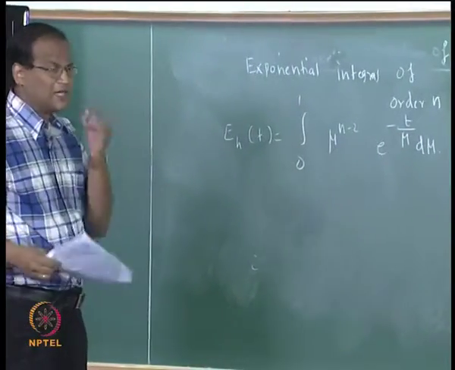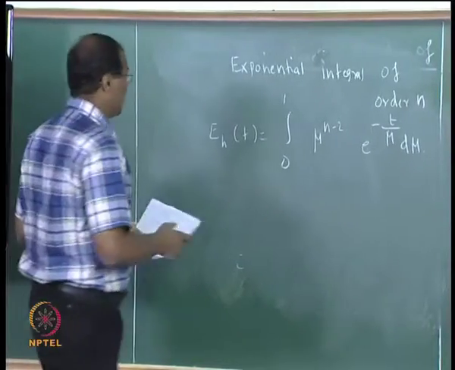That is a general exponential integral of order n. Mu is basically a dummy variable.